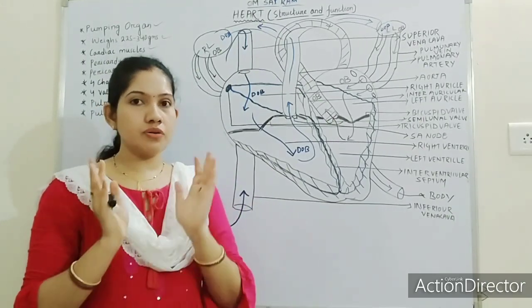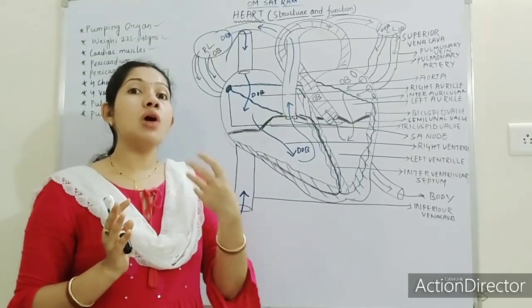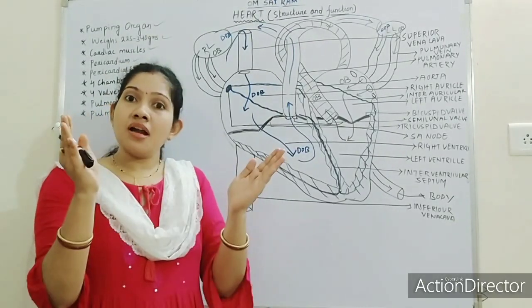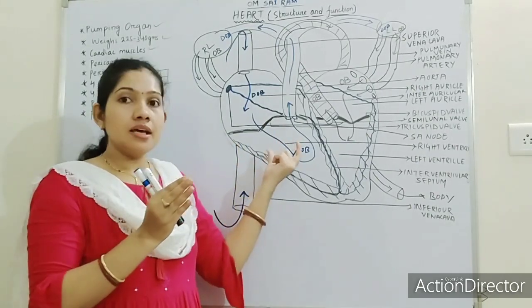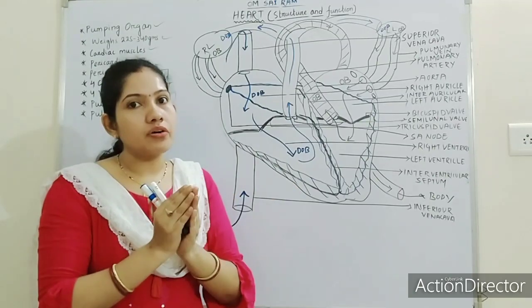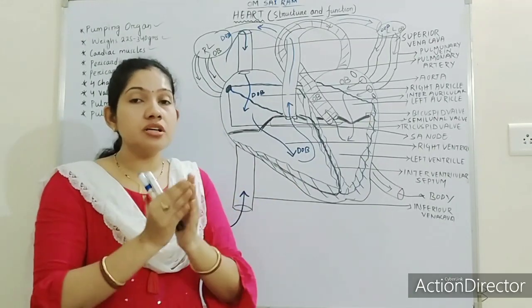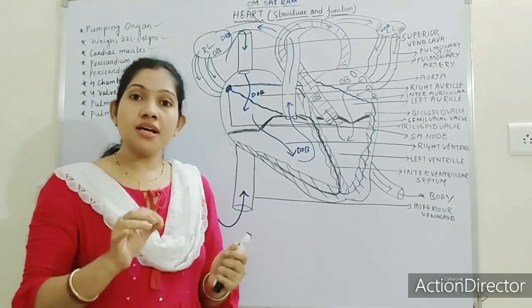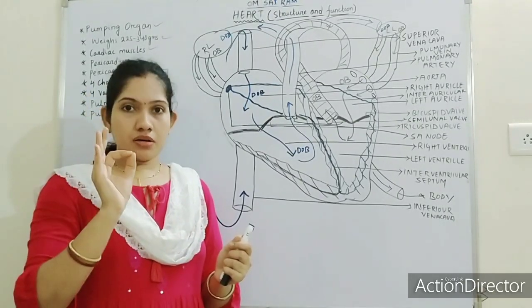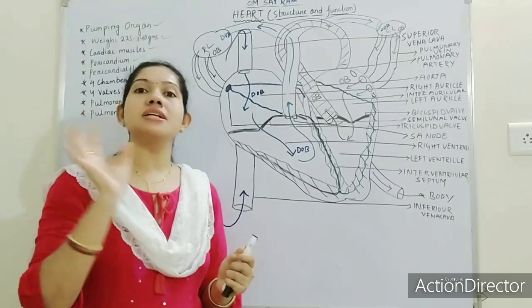Later on we will read how the heartbeat is formed. When there is circulation of blood, the heart expands and contracts, and this expansion and contraction occurs rhythmically, meaning in 1 minute there are 72 beats.